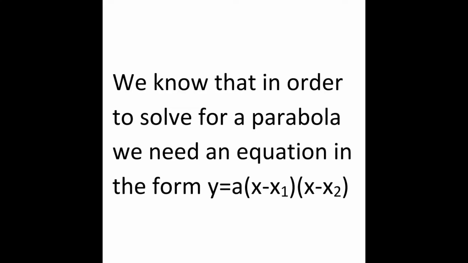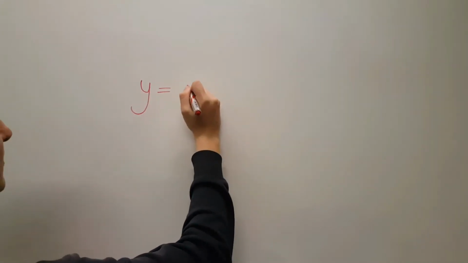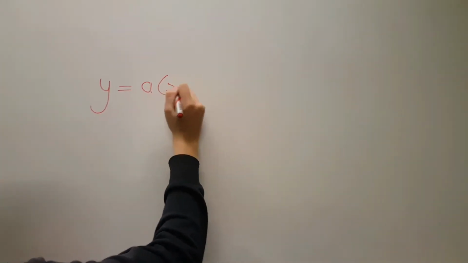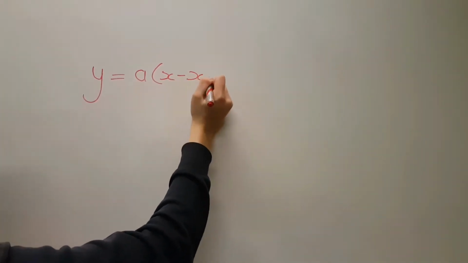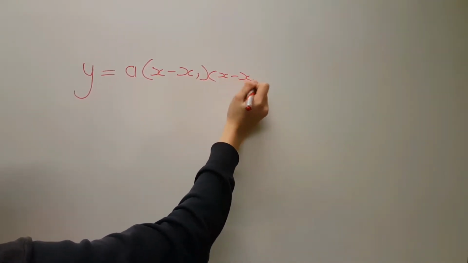We know that in order to solve for a parabola, we need an equation in the form y equals a times x minus x1 times x minus x2. So we have y equals a times x minus x1 times x minus x2.